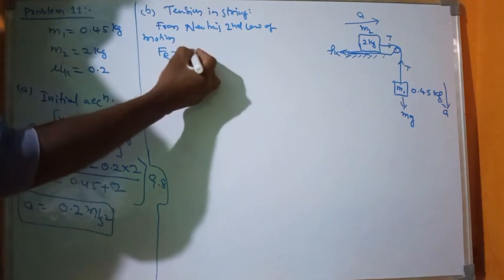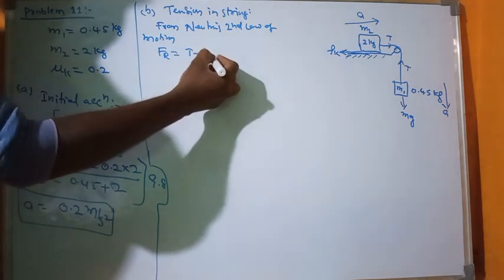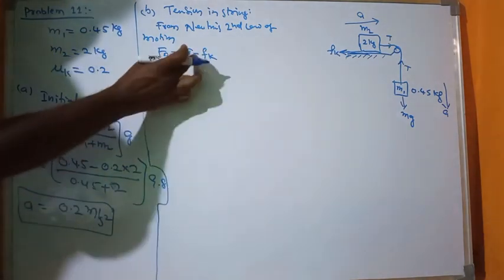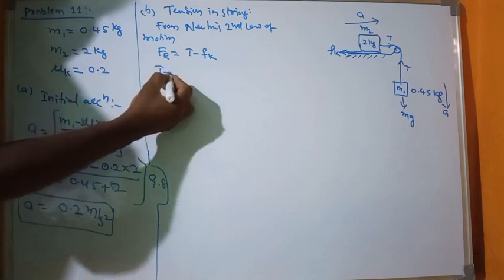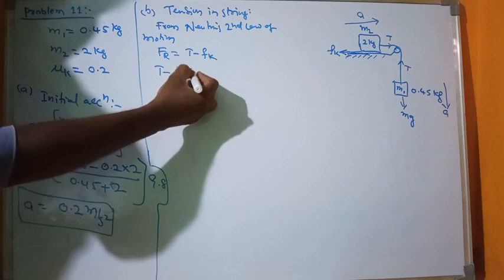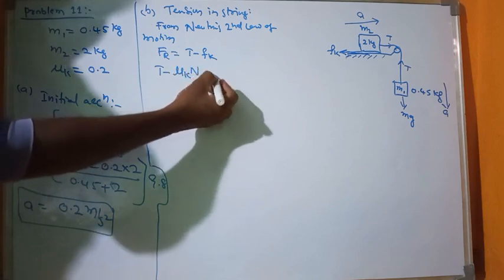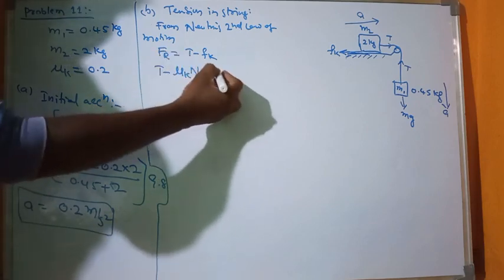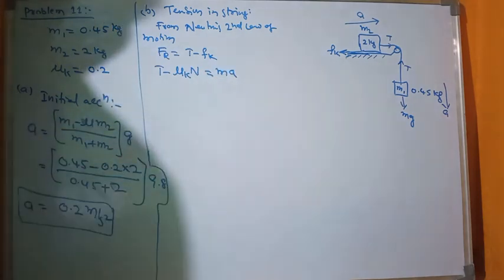So tension force minus friction force, I'm writing on the left side, that is tension force minus Fk. Fk means mu k into N, is equal to the resultant force Fr, which is equal to m into a.